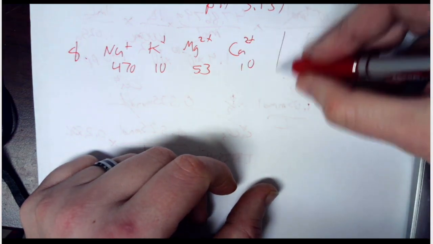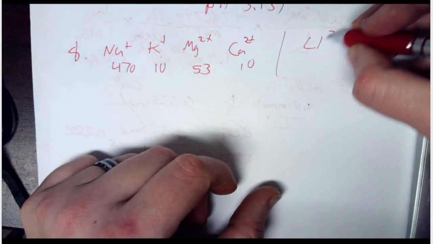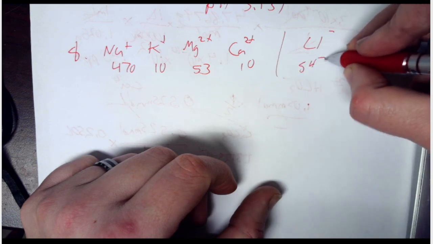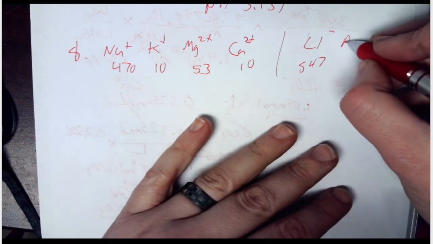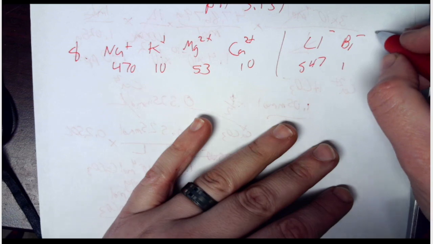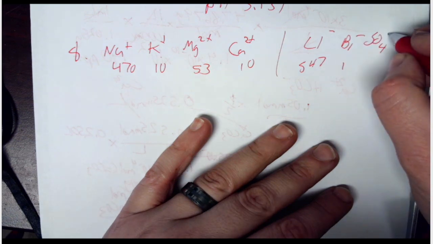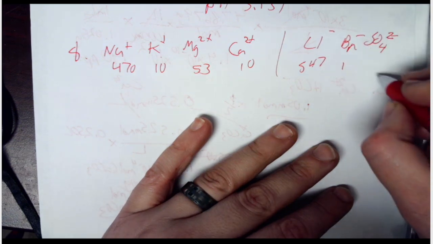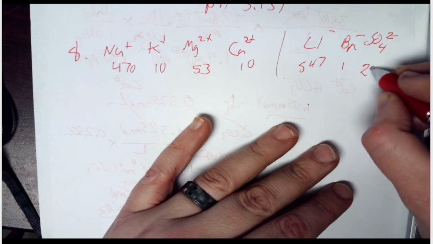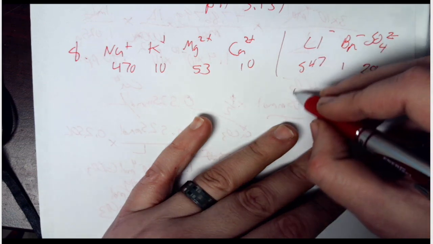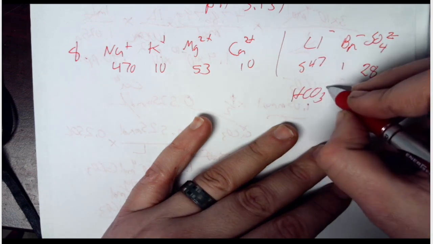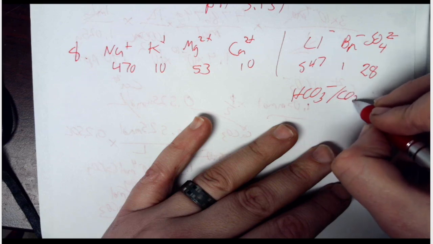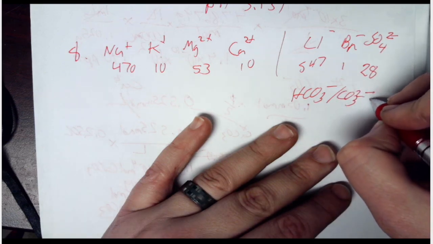We have, on the other side, chloride 547, bromide 1, sulfate 28, and then hydrogen carbonate and carbonate unknown.